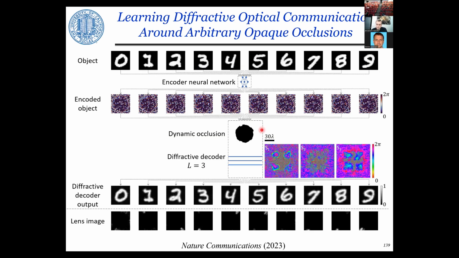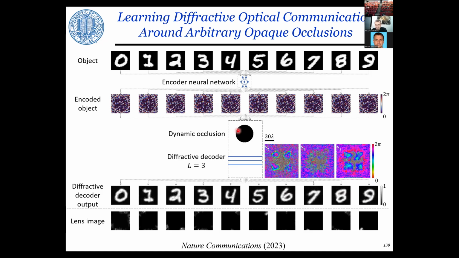Look at this movie, for example, which highlights the entire story. You have different types of messages, each uniquely represented by a fingerprint of phase. This phase pattern, after free space propagation, faces the dynamic occlusion. It's scattered through its edges to be decoded by a static diffractive processor, which gives you the reconstructions in a few tens of picoseconds.